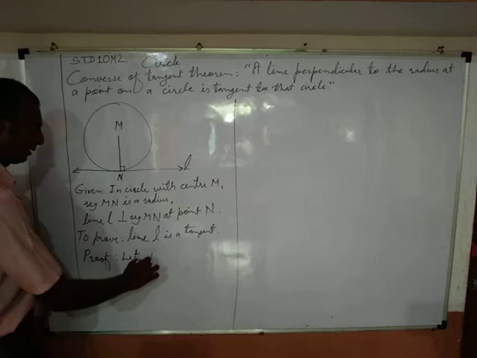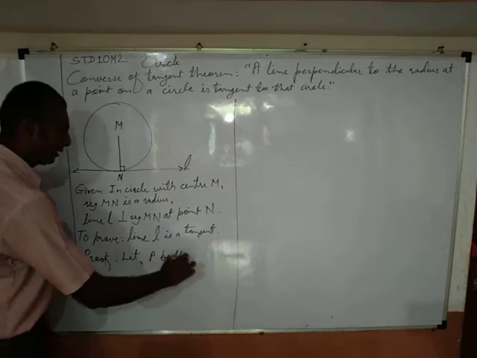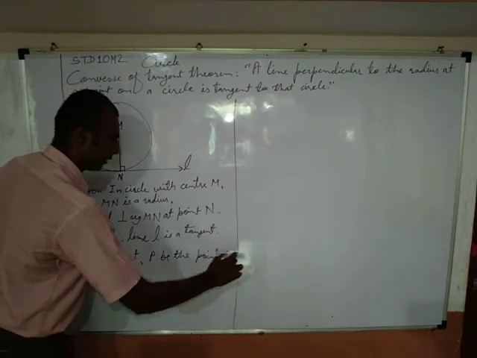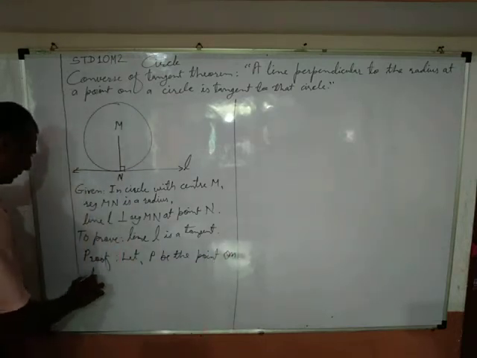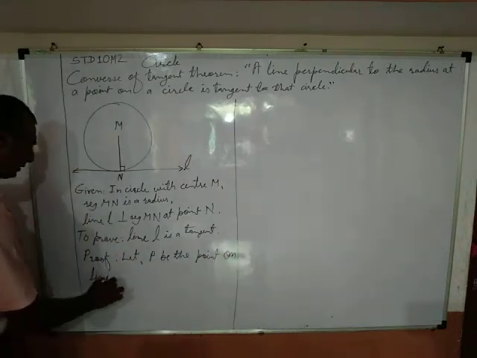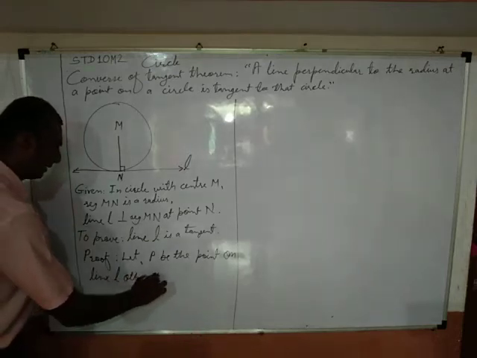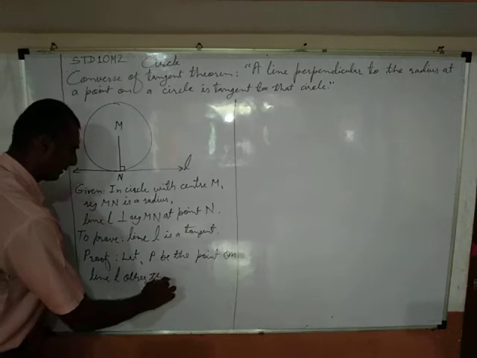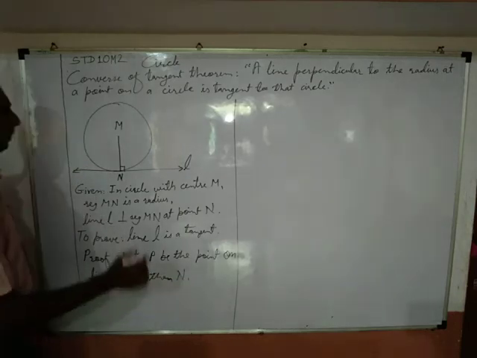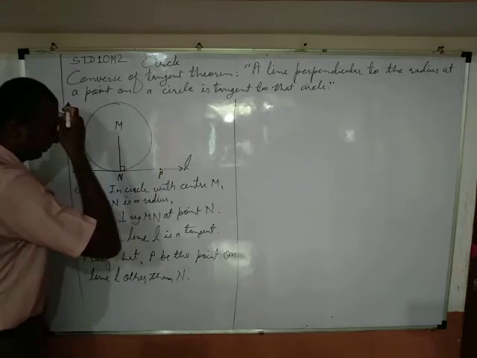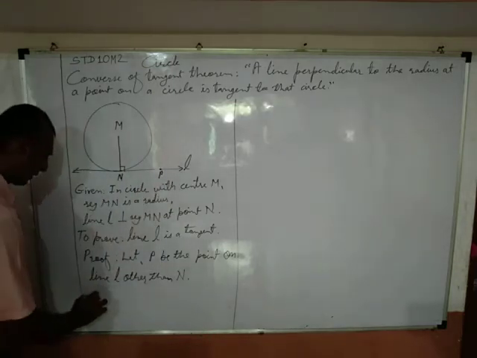Okay, that's why in the proof, let P be a point on line L other than N. Okay, let's suppose it is that point P. Draw seg MP.